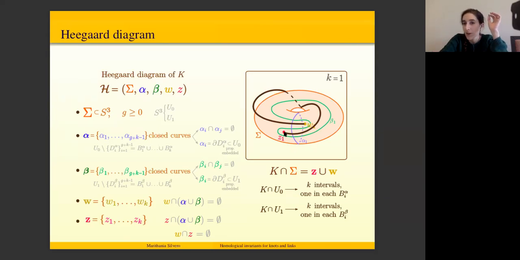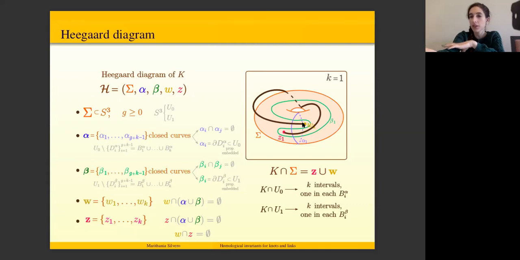So we are in Z1, we are out, and since we are in U1, we cannot intersect beta 1, and we need to reach W, because this is the only way that we can again intersect the surface and go into U0. So we go out, out, out. I cannot cut beta 1, so I need to go around. Now I'm in U1, U1, U1. And finally, I can go to W1, so I intersect the surface, and now I'm down.